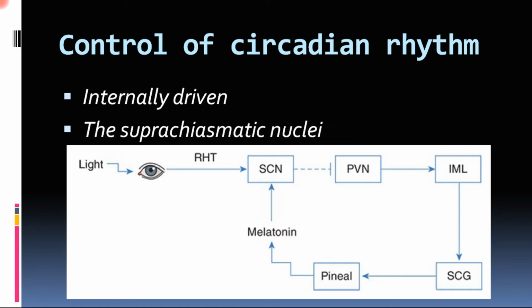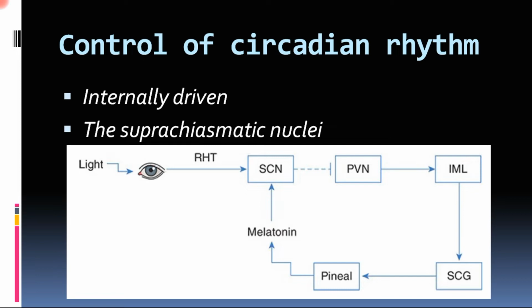So circadian rhythm is just cyclical changes in the physiological function of our body. In human beings, these cyclical changes occur every 24 to 25 hours. It repeats every 24 to 25 hours.